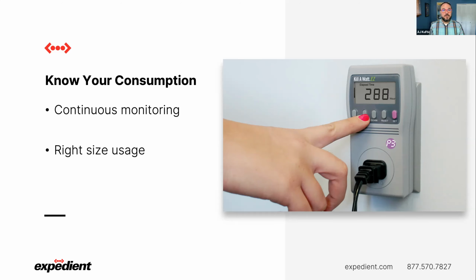Right sizing your usage can produce big results, especially if those changes seem small. Let's take, for example, EC2. If I go from a T3 large to a T3 medium, I can see a really sizable savings, but it doesn't look that way. It may be, oh, this is only a $30 a month savings. $30, who cares?